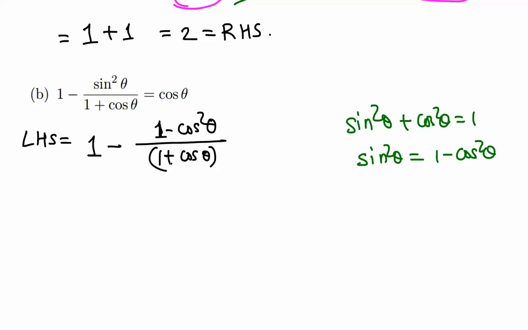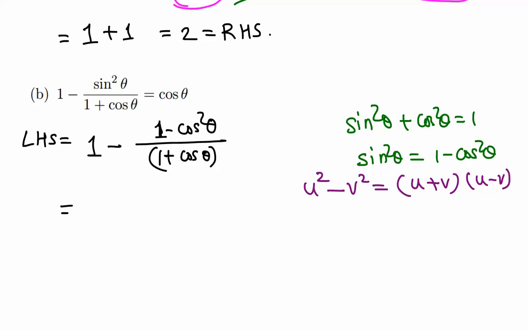Just looking at the bottom, 1 plus cosine. Look at the top: 1 is the same as 1 squared, minus cosine squared, so this is a difference of two squares. We know the formula for difference of two squares, u squared minus v squared is u plus v times u minus v.